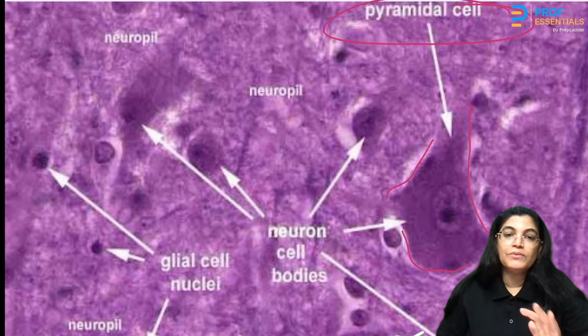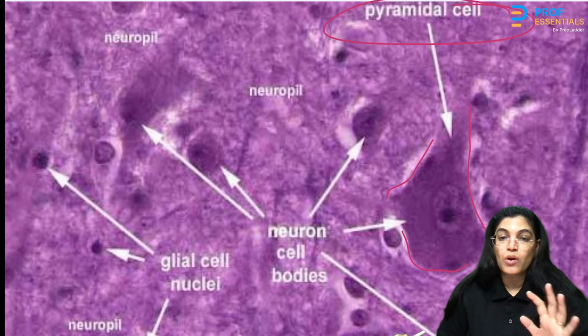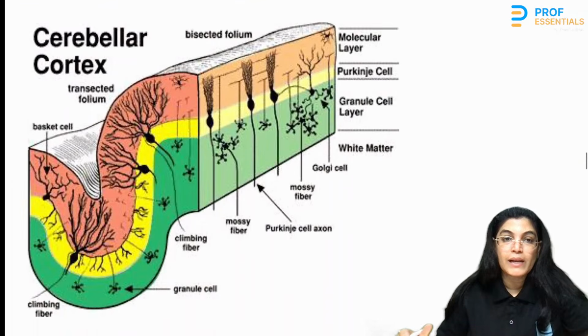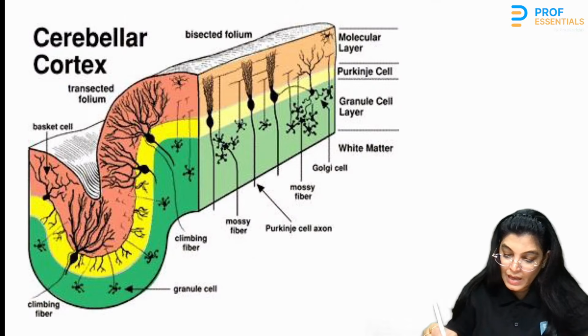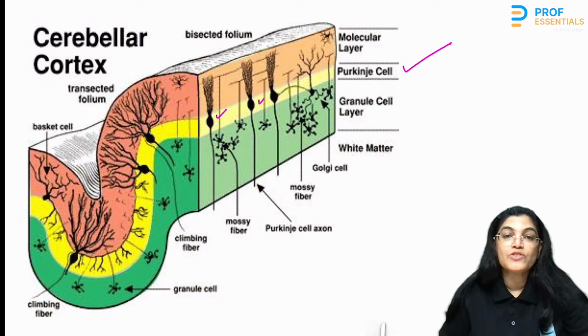Actually, when we talk about the cerebral cortex and cerebellum, I will explain each of the histology parts there. Now here we can see the cerebellar cortex, in which we can see Purkinje cells. Can you see the flask-shaped cells in the Purkinje cell layer?